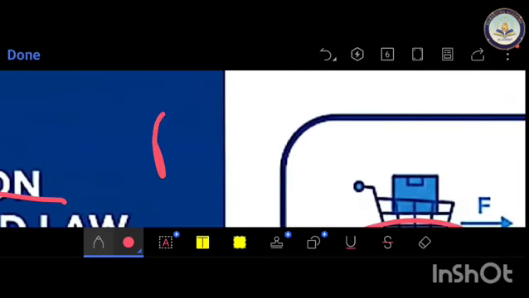So we conclude that the force required for an object to get into motion is directly proportional to mass into velocity.